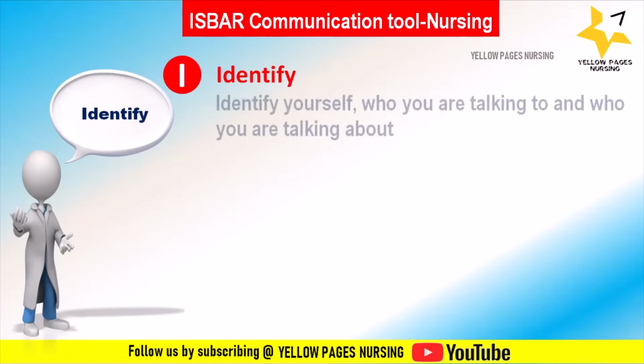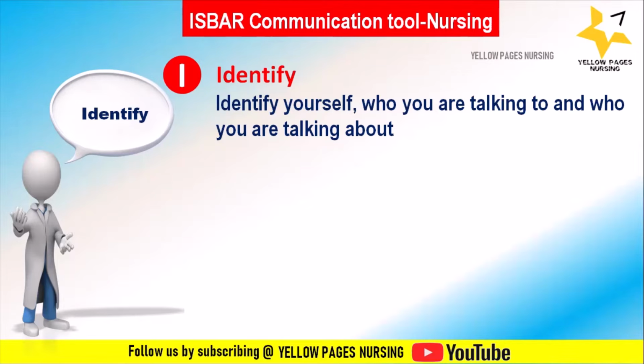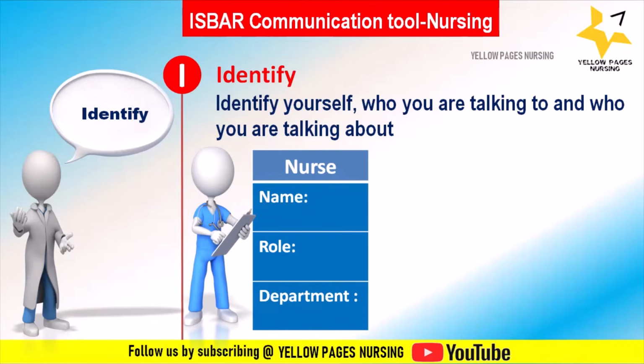First component of ISBAR is Identify. Identify yourself, who you are talking to, and whom you are talking about. The nurse clearly identifies themselves, providing their name, role, and any other relevant information to establish their identity.